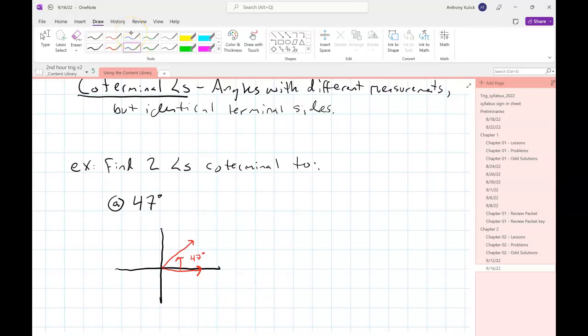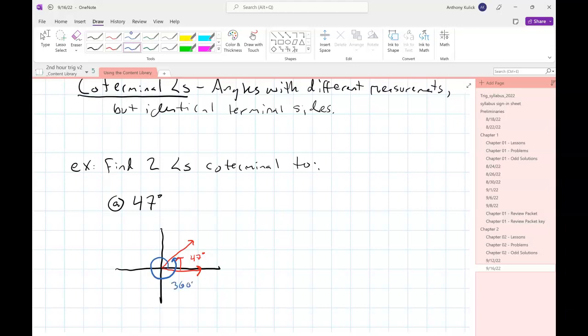One way I could draw a coterminal angle is to start at the same initial side, go one full time around, and then 47 more. How much would that be?